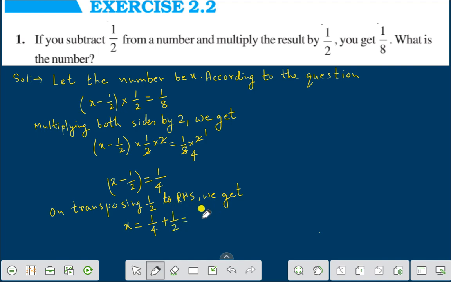If we take the LCM, it will be 4. It is 1 plus 2, we get the value 3/4. Therefore, the number is 3/4. This is the answer.